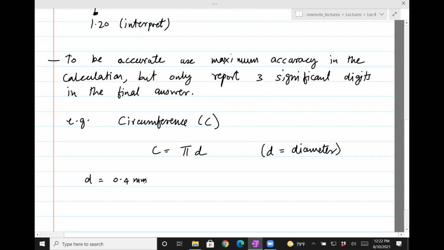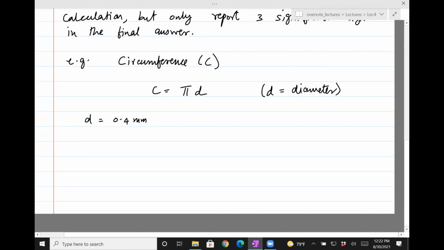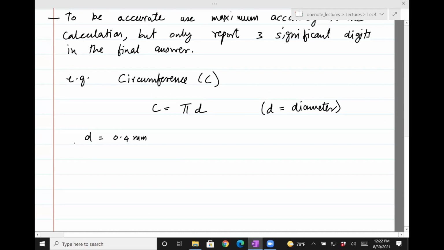And of course, that's assuming that's three significant digits, so it's 0.40. Now let's do the following calculation. Let's do it as 3.1, which is two significant digits, times 0.4. Okay, and the answer comes out to be, I just have it here, 1.24 mm.